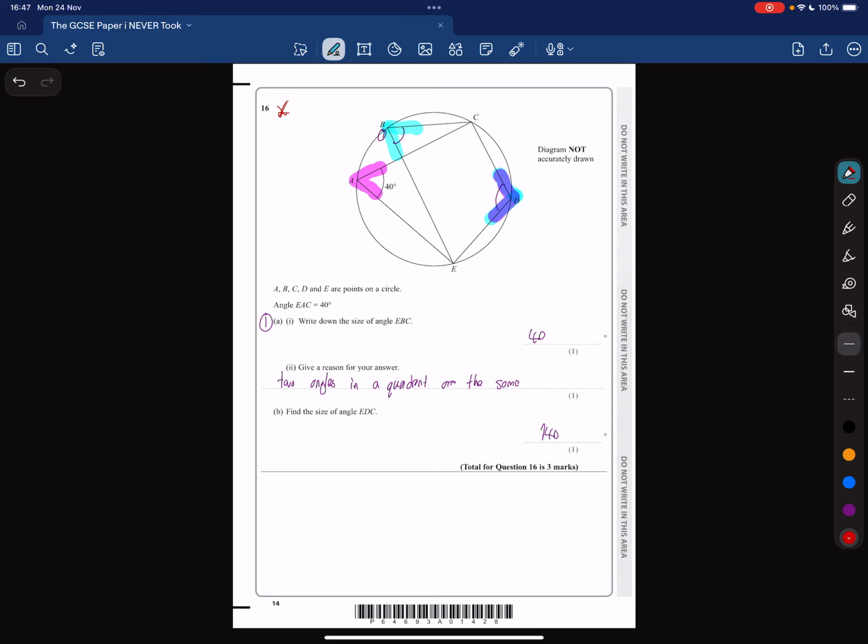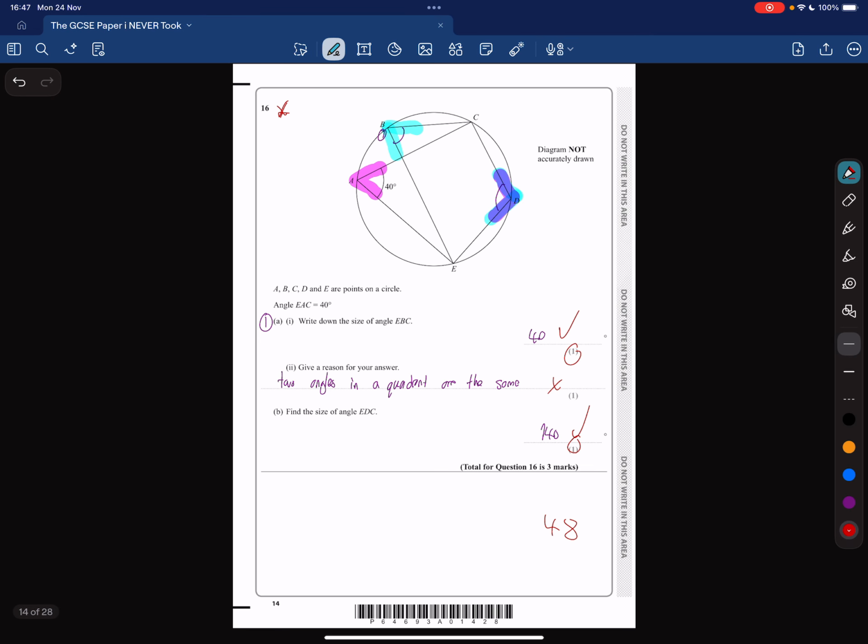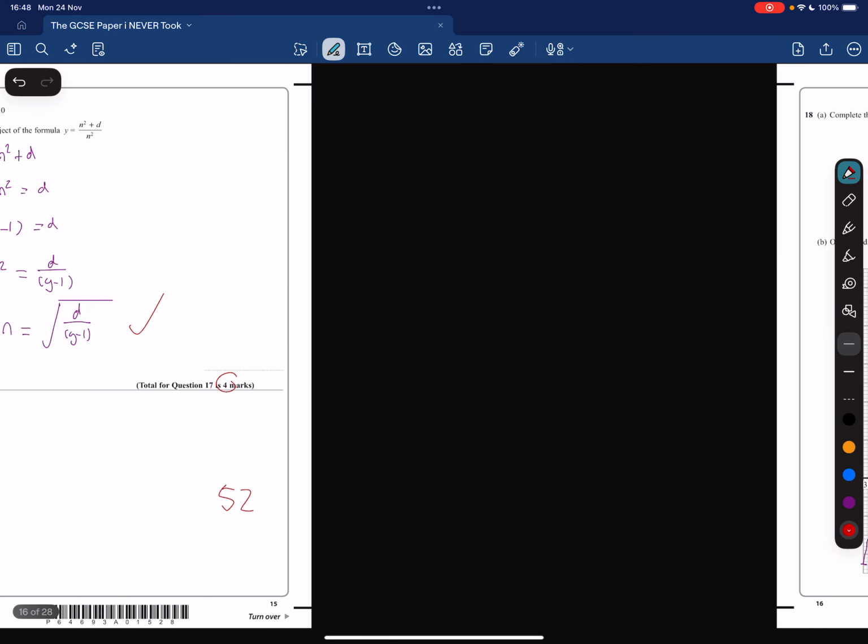Okay. Oh, okay. So it's 40. Yeah, that's right. This is wrong. It's angles in the same segment are equal, and that's right as well. So that's an extra 2 marks. 48. Instant marks. 52.